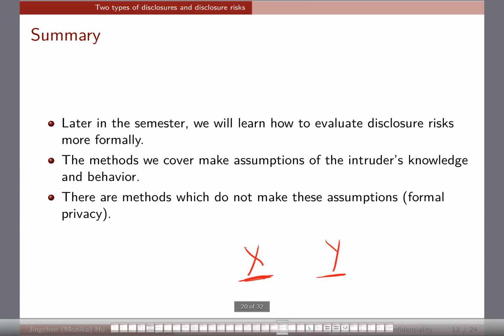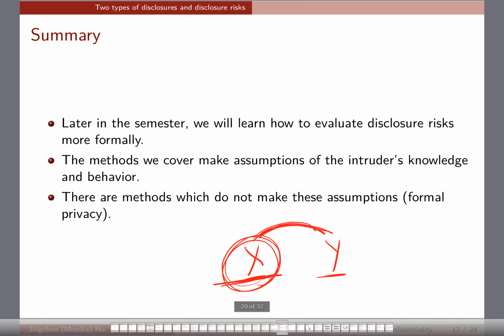I mean, it's an assumption, but not about the intruder behavior. It's about like, I only have one different value or record between X and Y. I will add my noise to the confidential data proportional to that change, and then make sure that even though I only have one record difference, I can still not differentiate between X and Y. That's the gist of it.